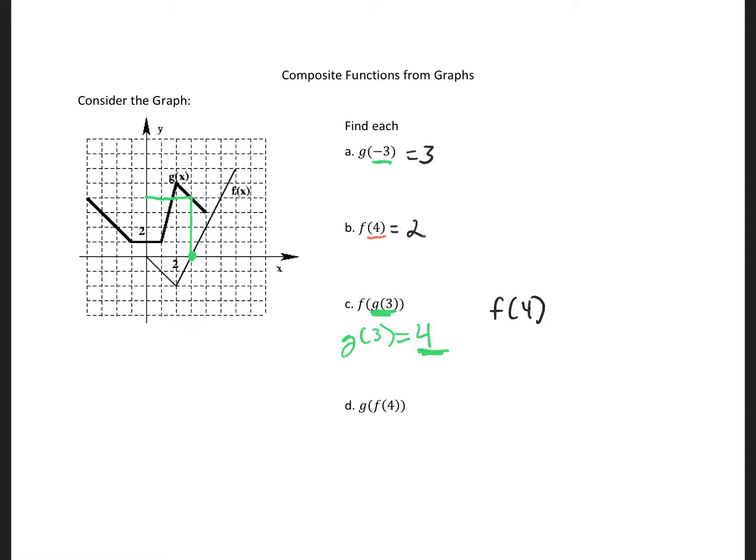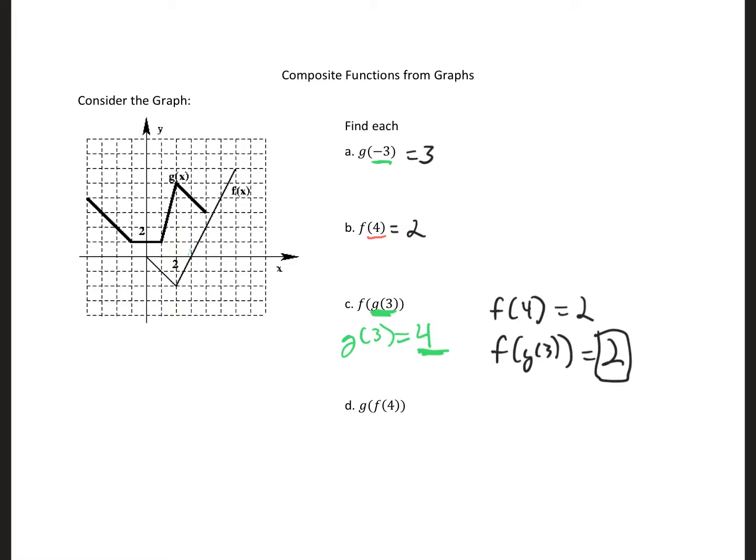And again, just to review, that's because if you go to 4 on the input axis, the vertical height of f was 2. f of 4 was 2. That means f of g of 3 is actually equal to 2.